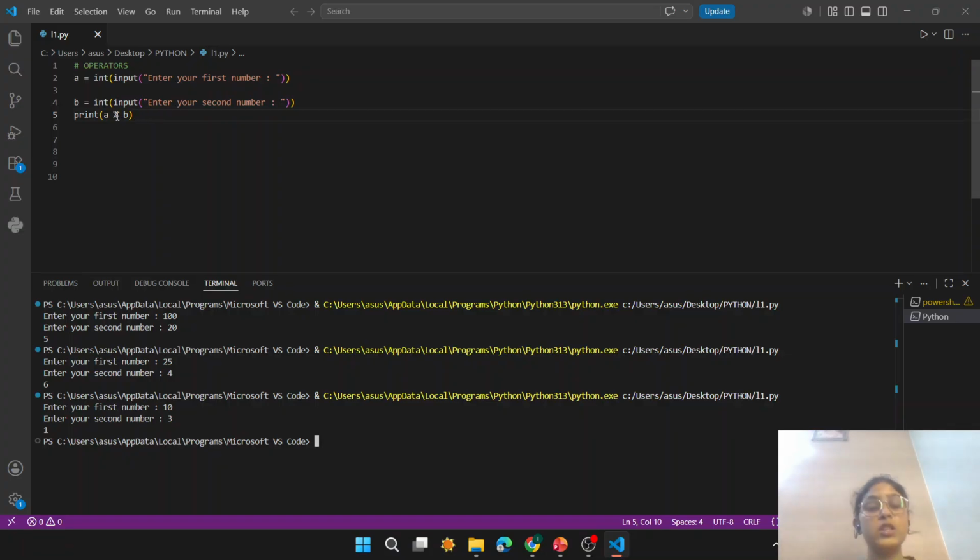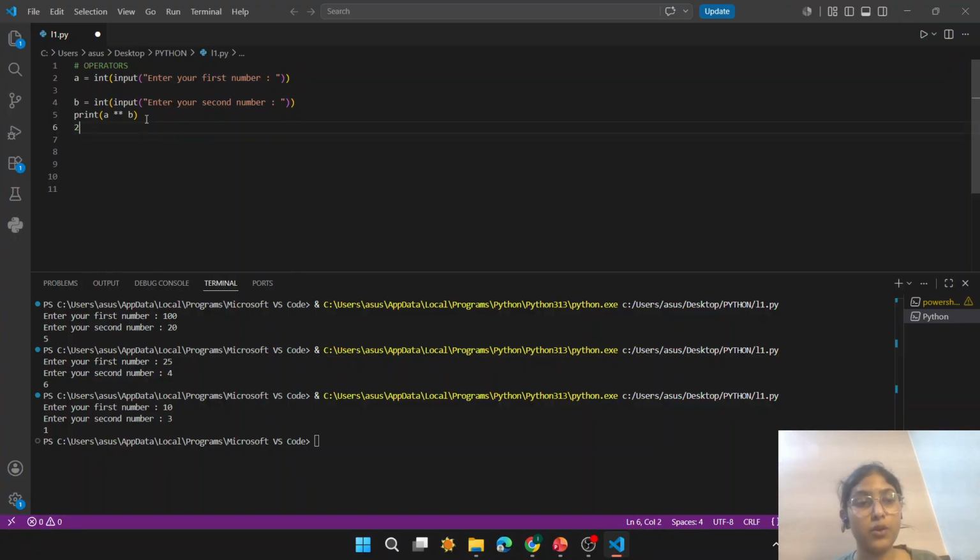So far we have discussed 6 operators. The last one is the exponential operator. You know this star is for multiplication. When you add one more, now this is for exponential. Suppose I am writing 2 power 3. You never write it like that in Python.